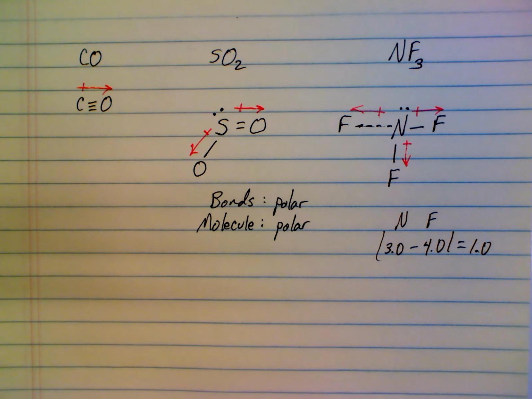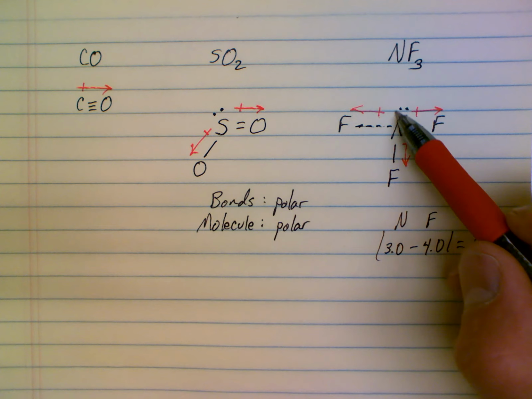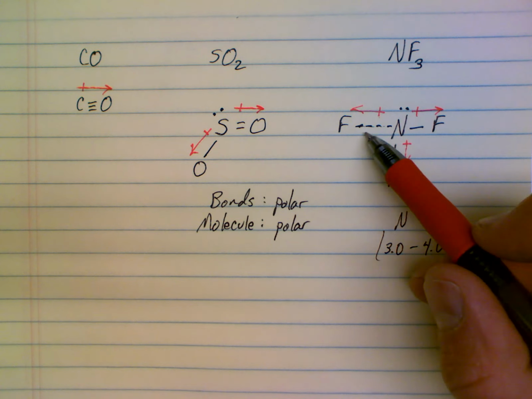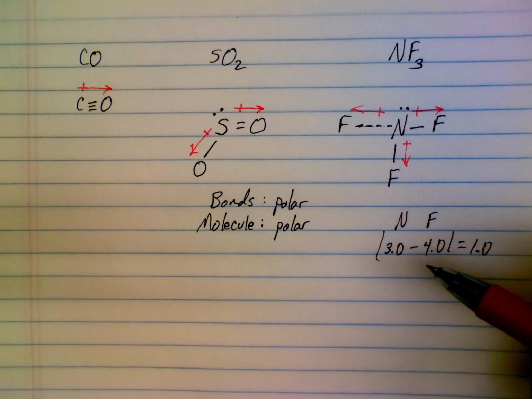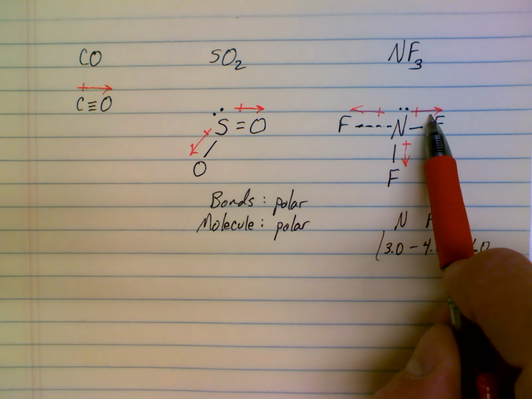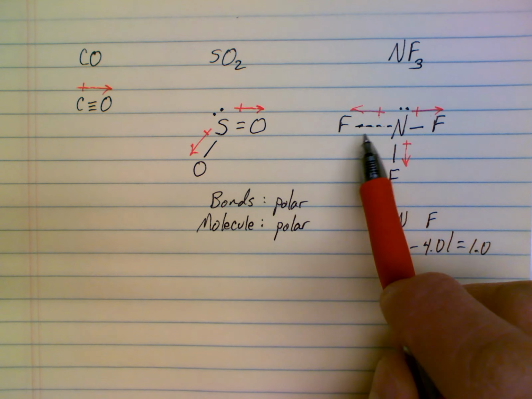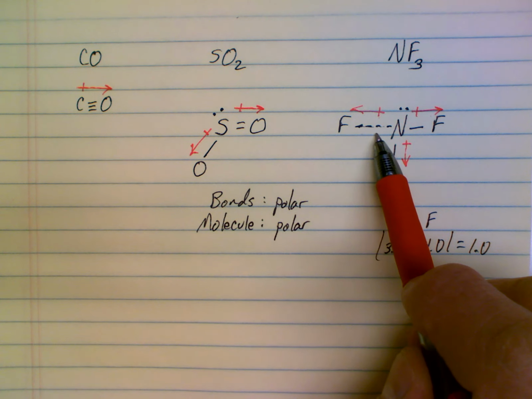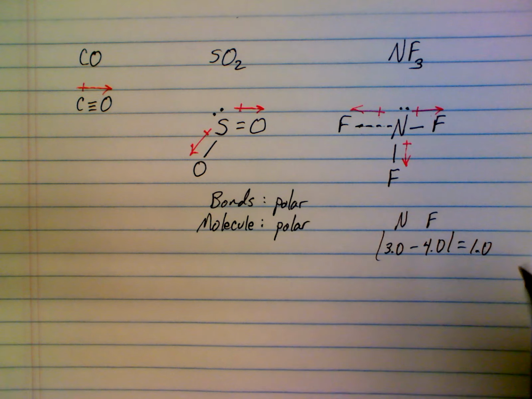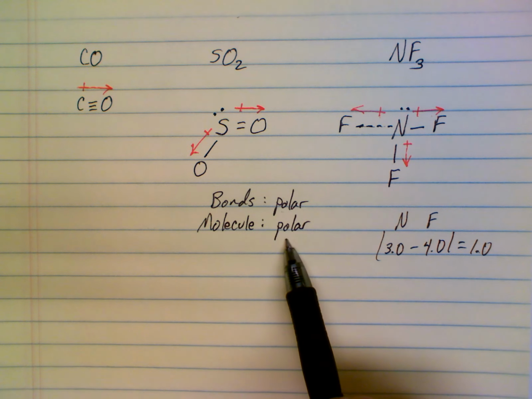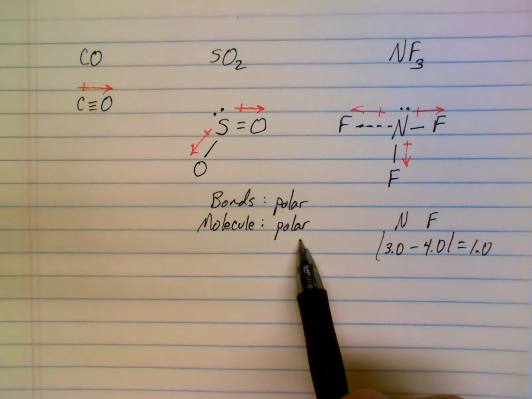And now, because of the asymmetry, in other words, this unshared pair throws things off a little bit, these dipoles will not cancel each other out. We have to be careful, even looking at this dipole and this dipole, these are not directly opposing each other because this fluorine atom right here is below the plane, so it angles down below the paper. So here's a situation where we have polar bonds, and the molecule is going to be polar because of the asymmetry.